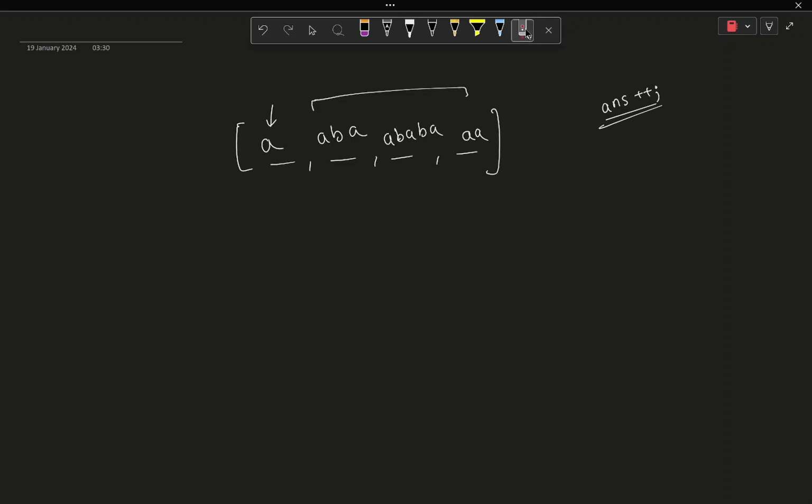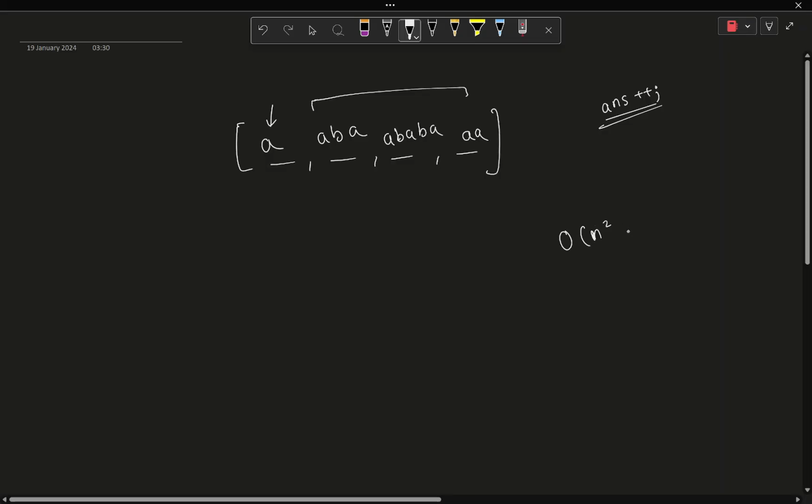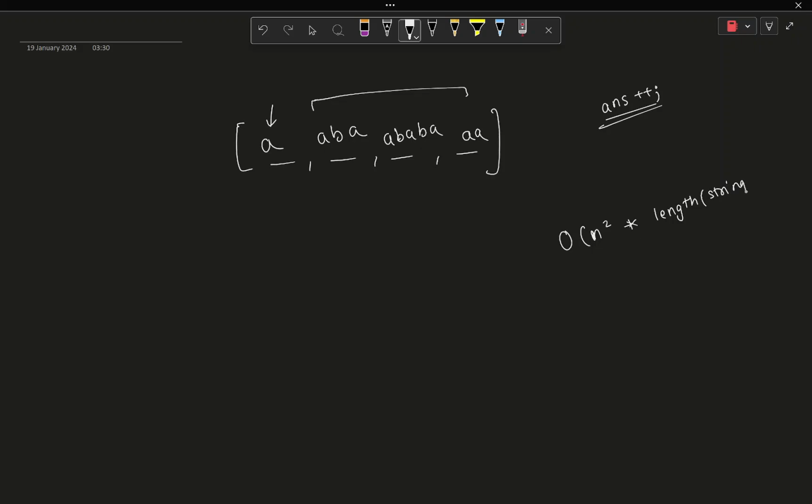Now, in this problem, if we do it in the exact same way like we did earlier, the time complexity we had was very bad. We had something like big O of n square time complexity, because for every number I was going on to every string, so I was at the very least having big O of n square, and there I was having a loop equal to the length of the string, basically big O of n square times the length of the string, the length of the word.